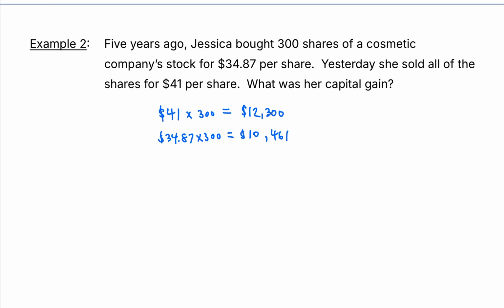Okay, so to determine her capital gain, we now go back to what we did in example 1: how much she sold it for, subtracting how much she purchased it for, and that works out to $1,839. So this is her capital gain.